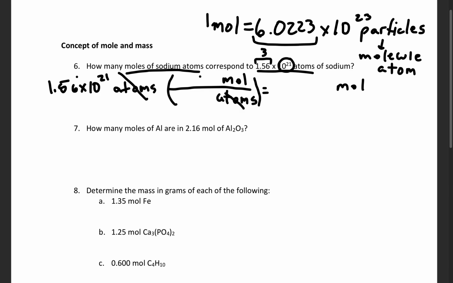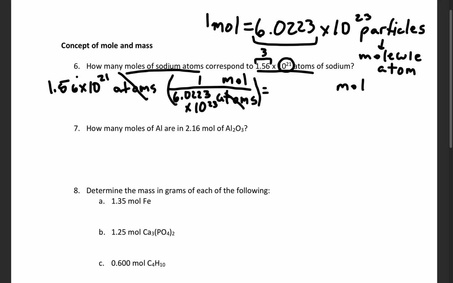And we know that 1 mole is 6.0223 times 10 to the 23rd. Now, you can put this in your calculator, or what I want you to realize is this.